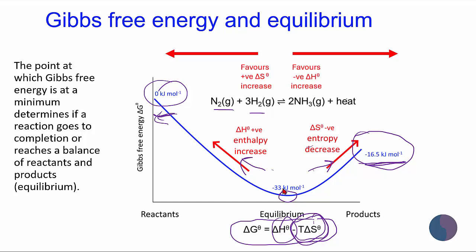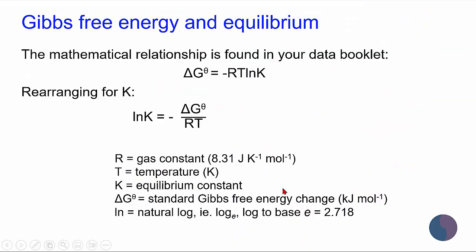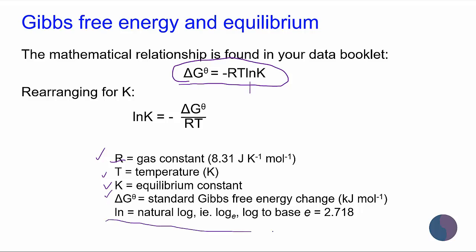Okay, so this is more the physics again. There's a couple of delta G equations in your data booklet. This is one of them. When we get to these derived equations, the important thing is to know what they all are. So gas constant we've done before, temperature in Kelvin, K we've done, delta G we've done, and we haven't done this a heap, but we have done it.